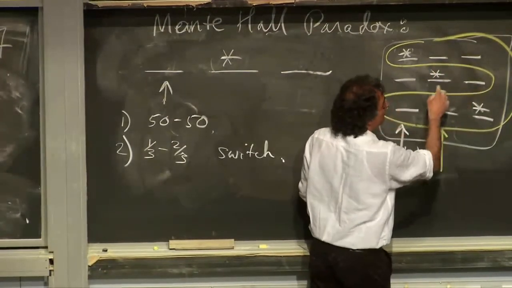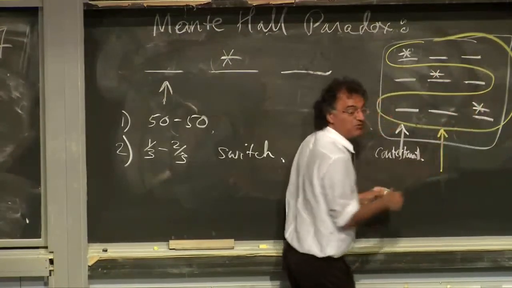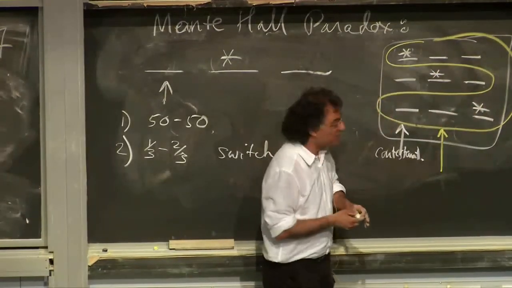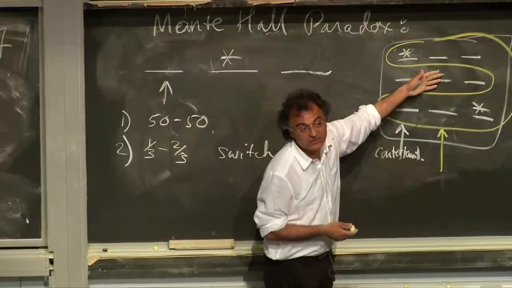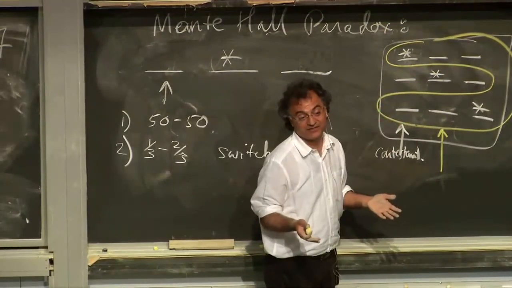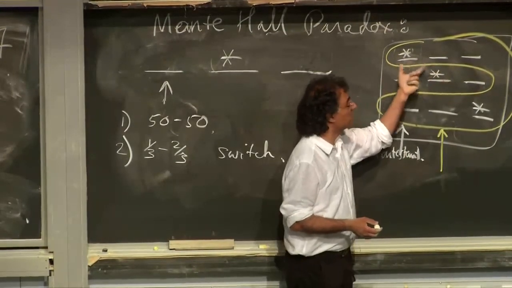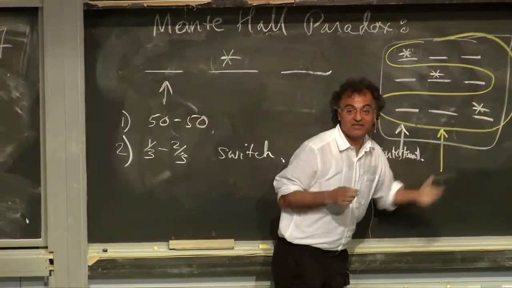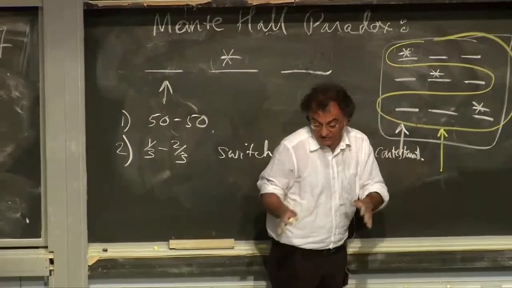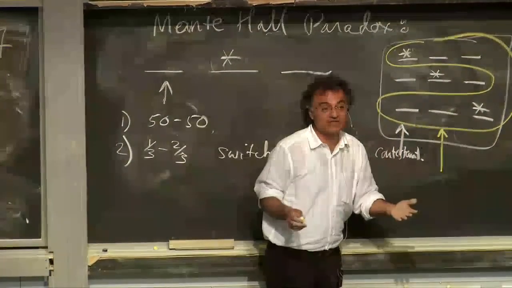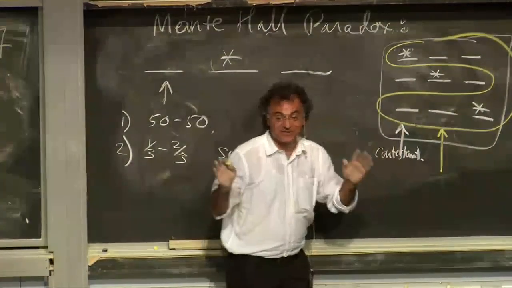So you would switch either here or here, but in both cases you would get the prize. But the two cases together have probability 2/3, so you should switch, right? So with probability 1/3, you'd switch to this one, and with probability 1/3, you'd switch there. But that's all part of the problem. It just follows from whatever Monty did. Okay? So, good.